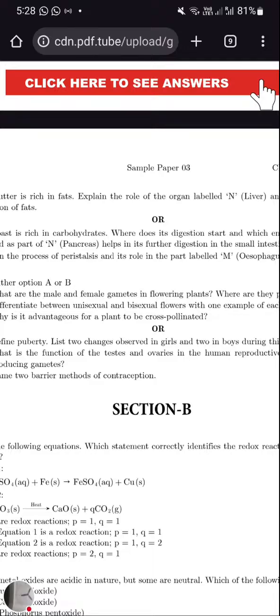Where are the male and female gametes produced? Anther. The male gamete is produced in the anther and the female one is not the ovule, it's the ovary. Inside the ovary, the ovule is the site of fertilization. If they ask where the female gamete is produced, it is produced in the ovary.